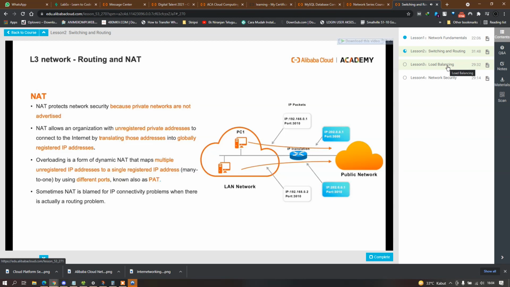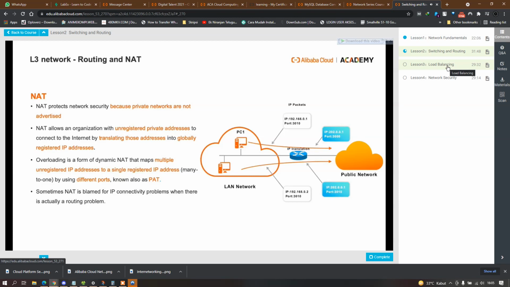This technology is NAT. NAT can allow an organization with unregistered private IP addresses to connect to the internet by translating those IP addresses into globally registered IP addresses. Which means that for some host or some server, when it is inside of your company, it is configured with a private IP address.